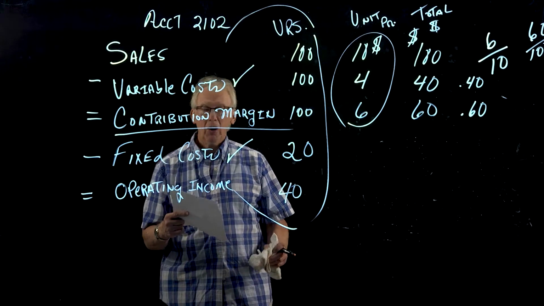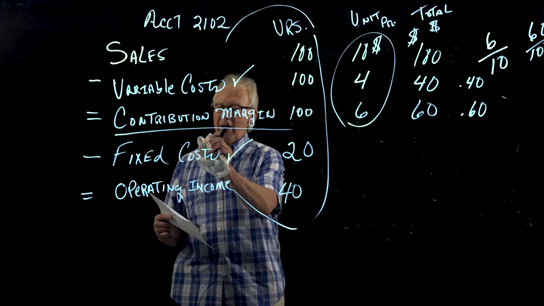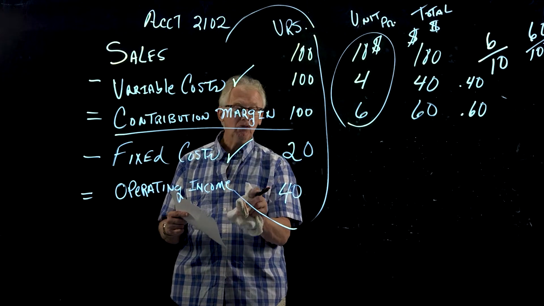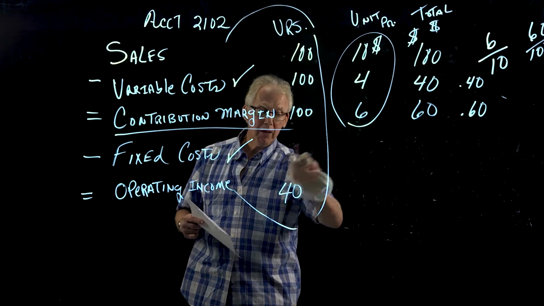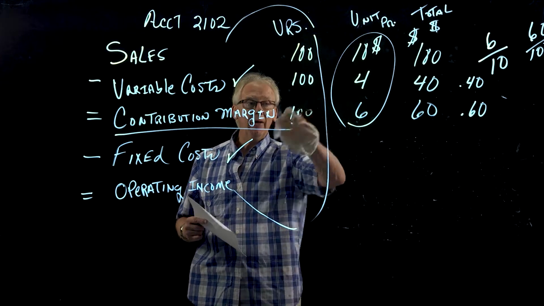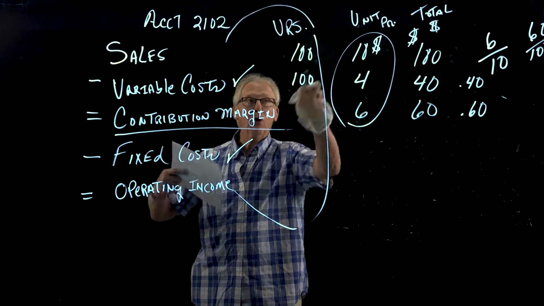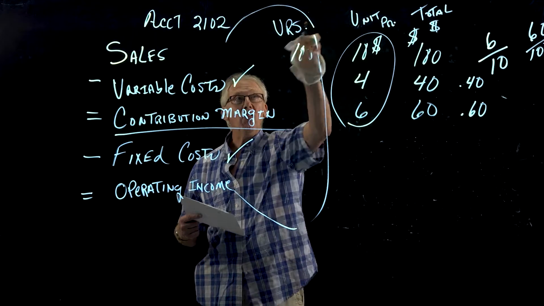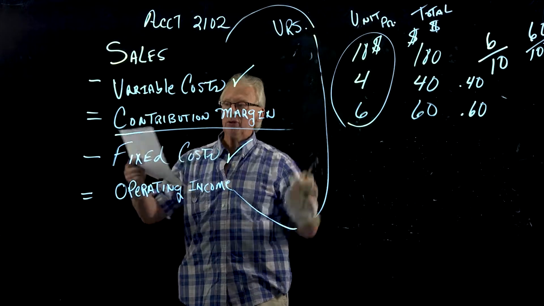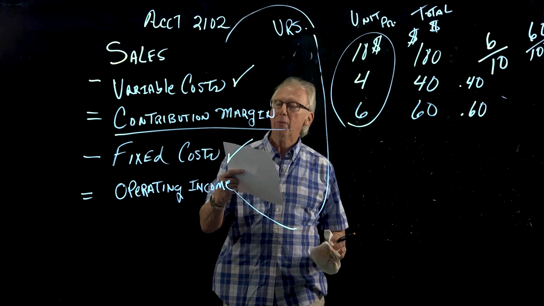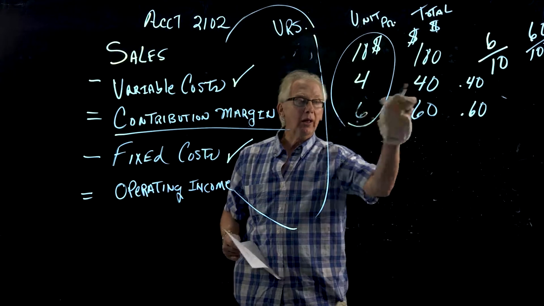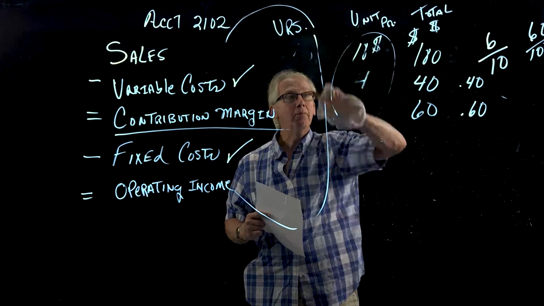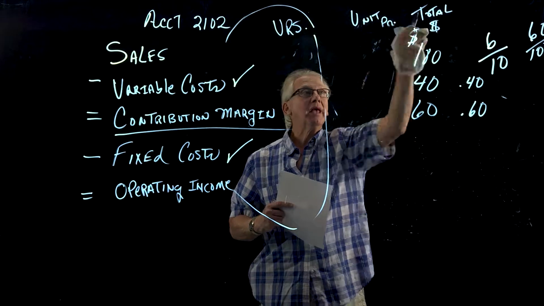Okay, well, we don't have to worry about anything below contribution margin. That's all we have to worry about is above fixed cost, because they want to know the contribution margin per unit. So let's just put some of the data down and let's see if we can figure it out.